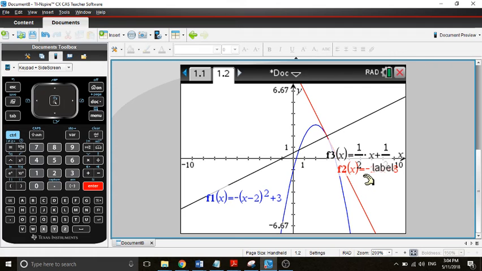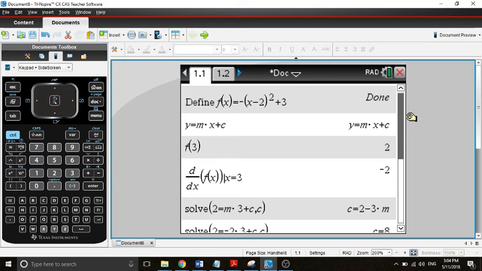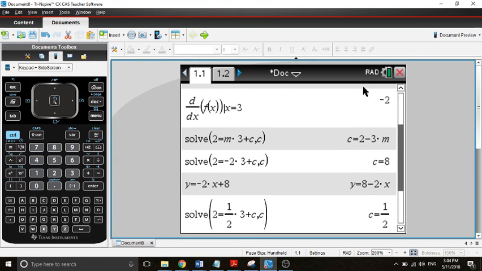So those are the steps to take. We want to find a tangent at an x value. We define our function. We write down f of that x value, which gives us a y value. Find the derivative at that point, which gives the value for m. Substitute that into y equals mx plus c, where we're choosing our point and solving for c.